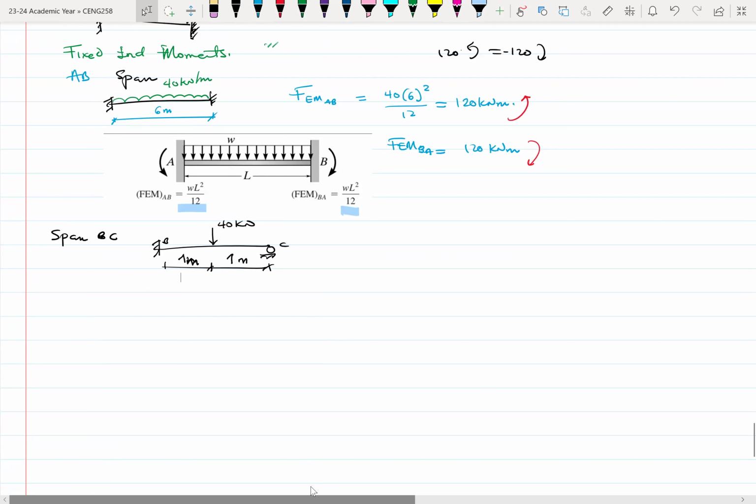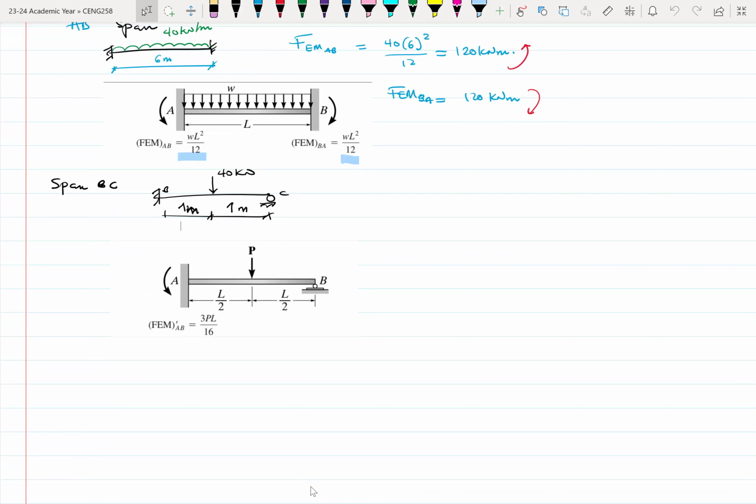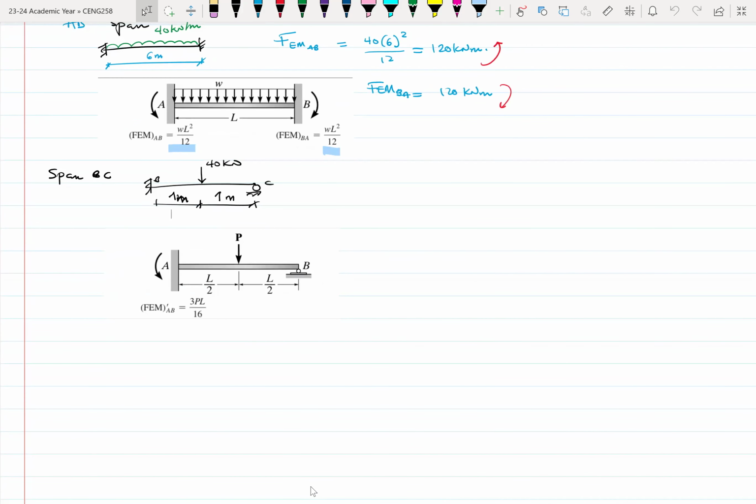Should appear any moment from now, I believe. Okay, so this is what we have, which means that for the fixed end moment we only look at FEM_AB. We don't do BA. No B in this case, only AB. But this AB is the modified version.